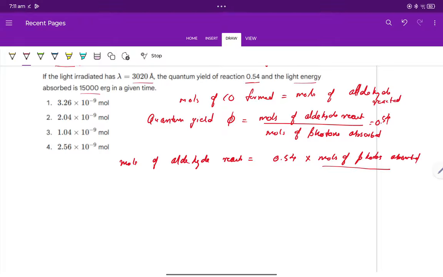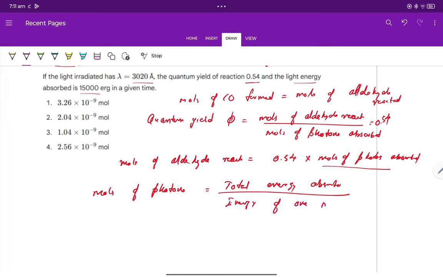That we can write as moles of photons absorbed equals total energy absorbed divided by energy of 1 mole of photons. Of course, that will give you the moles of photons. Now, what is the total energy absorbed? We are given that the total energy absorbed is 15,000 ergs.